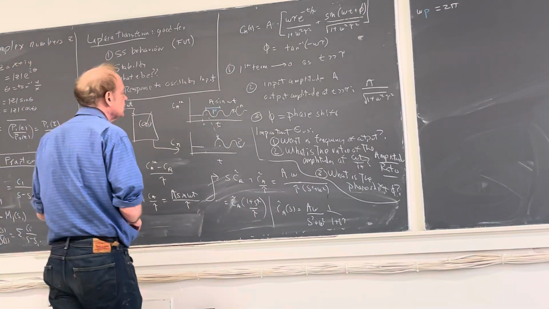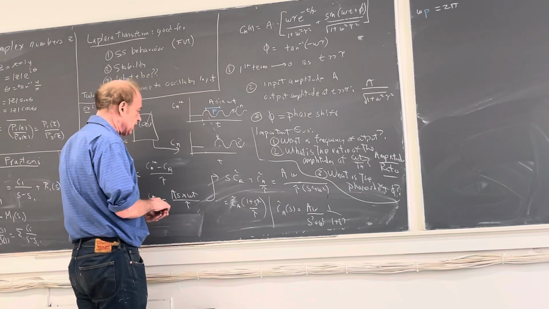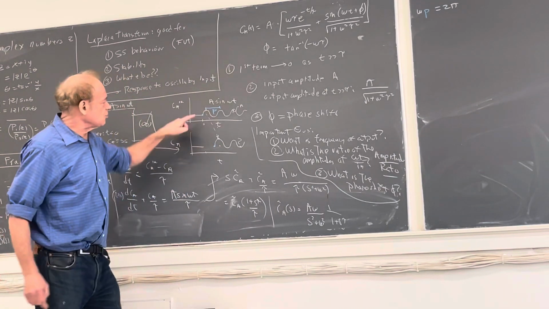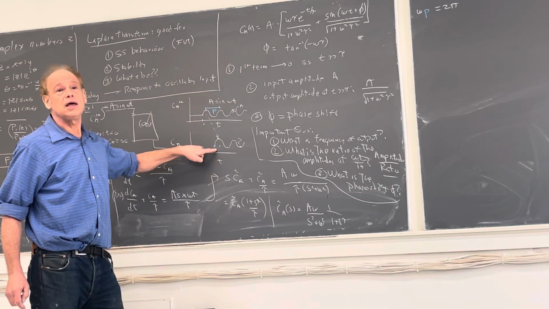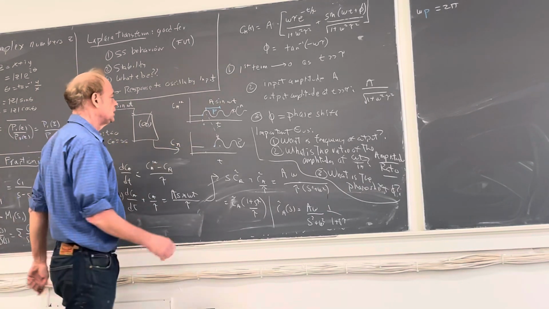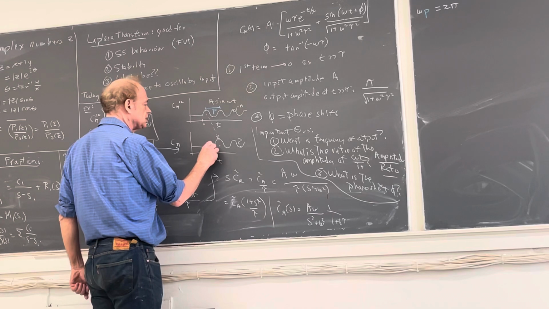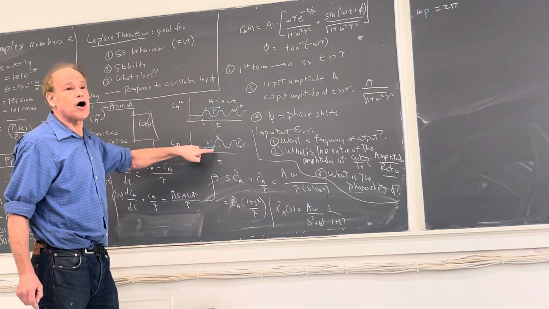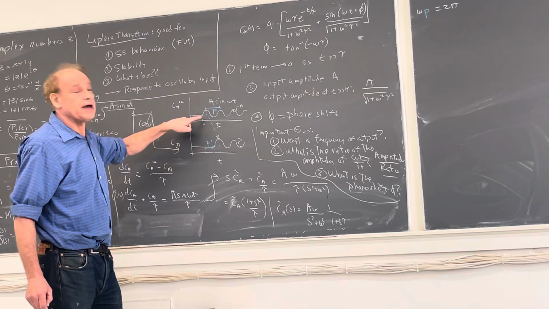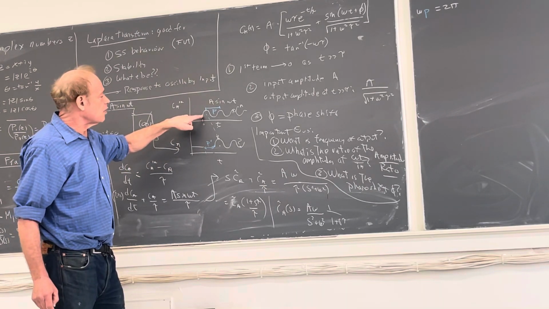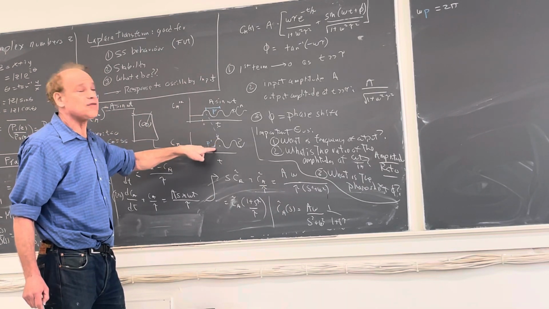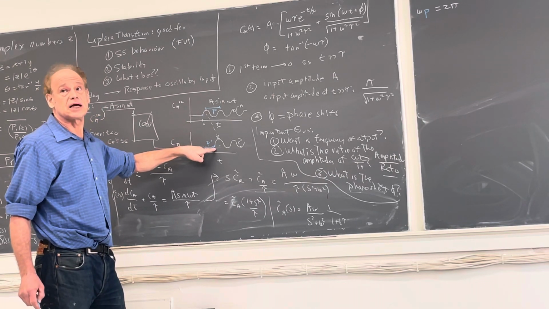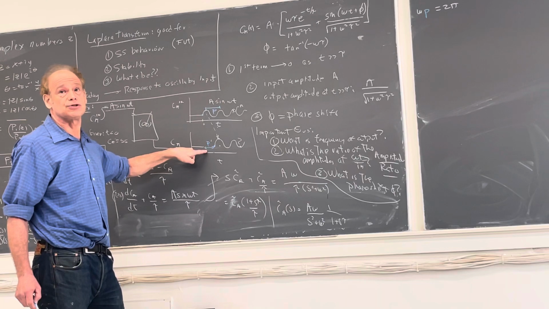On the other hand, let's say I started here, and it took a while to see the corresponding point in the output. So let me call this distance p prime, which is the time lag from the input to get to the same part in phase of the output. Is that clear what p prime is in this picture?